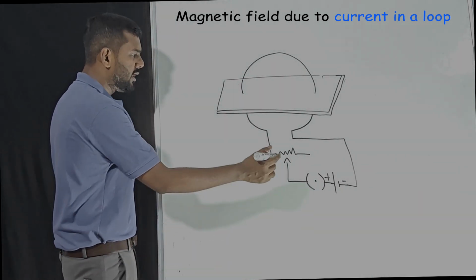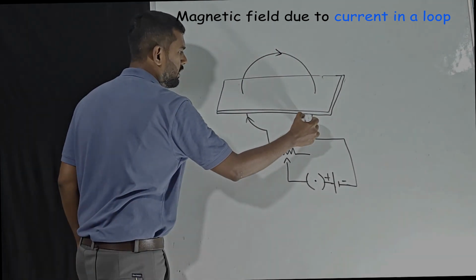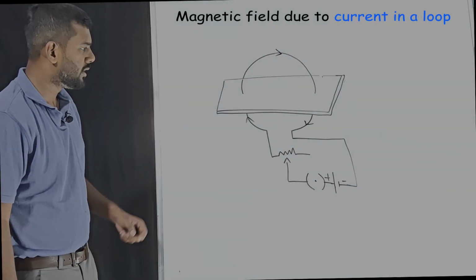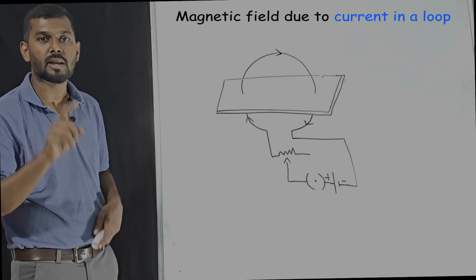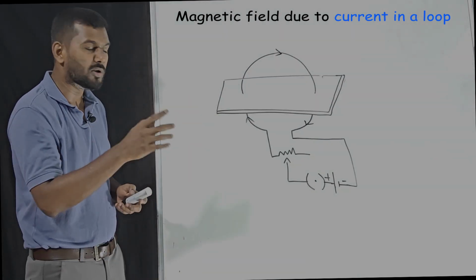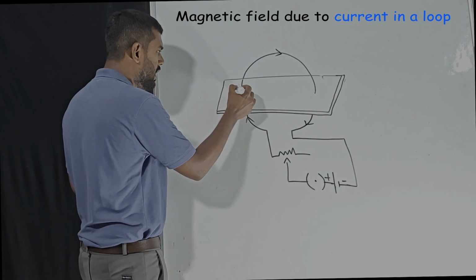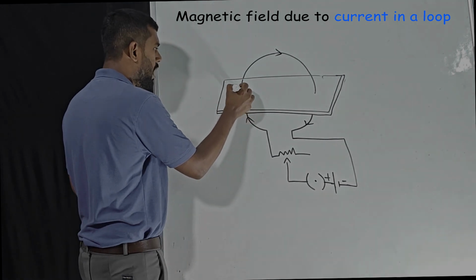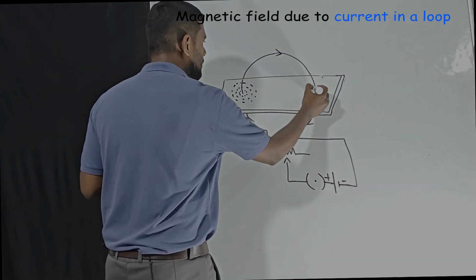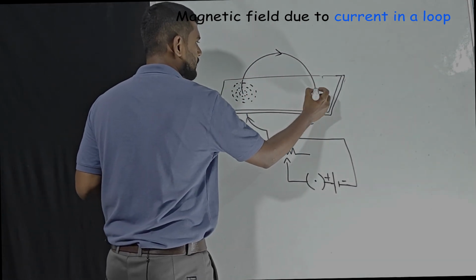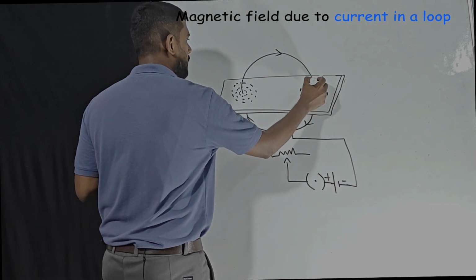Once you close the circuit, the current starts flowing. Nothing will happen until you tap on it. Once you tap on it, the iron filings on the cardboard will start arranging themselves in a circular path, in both the holes, here also.